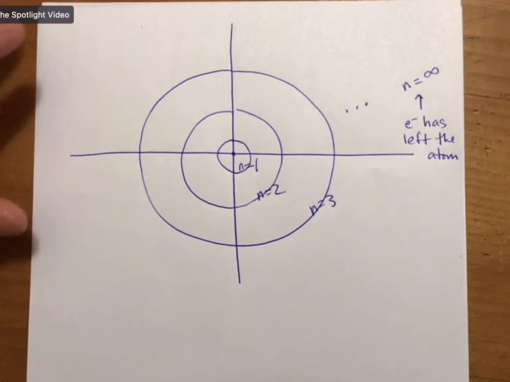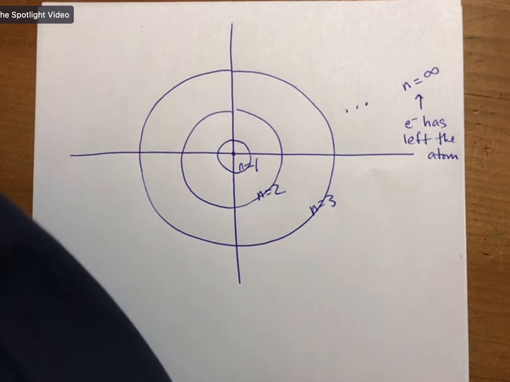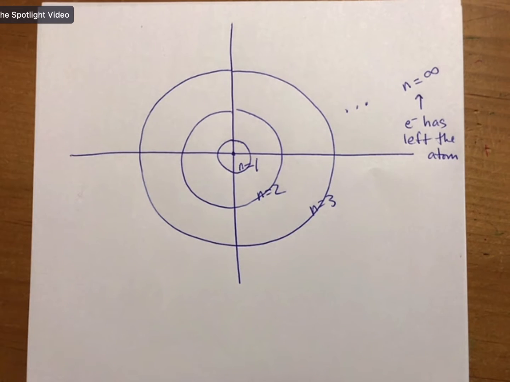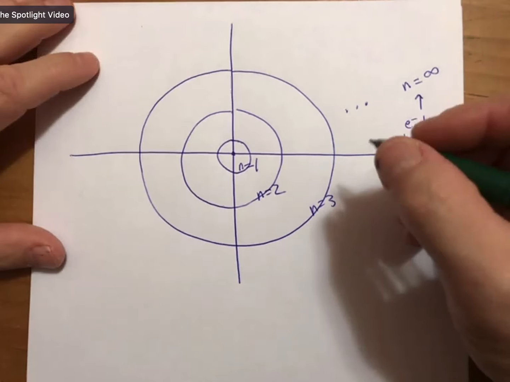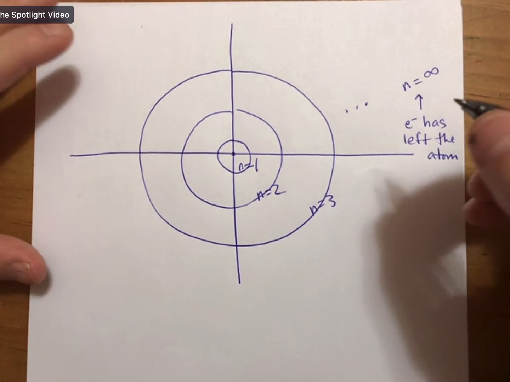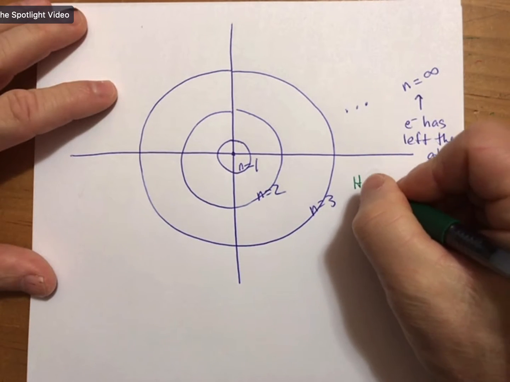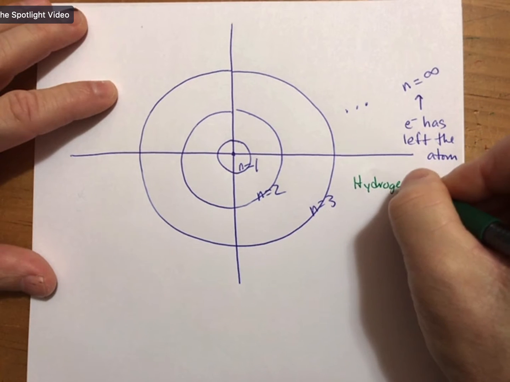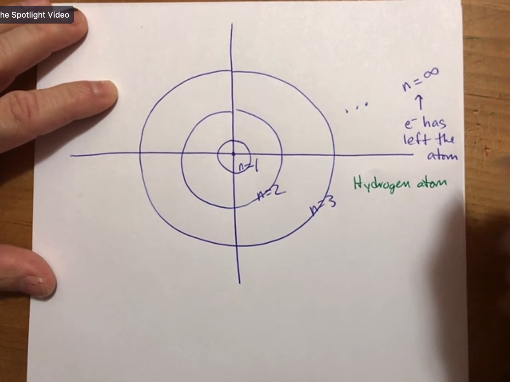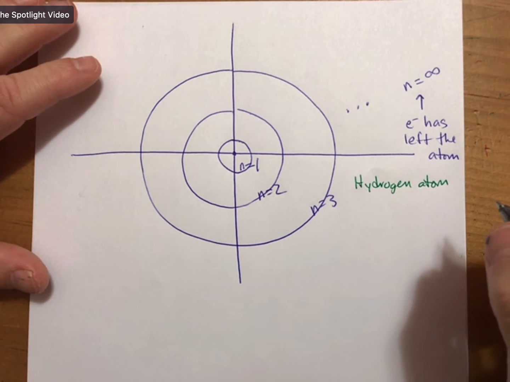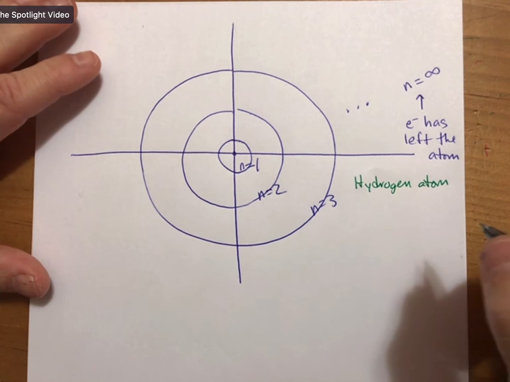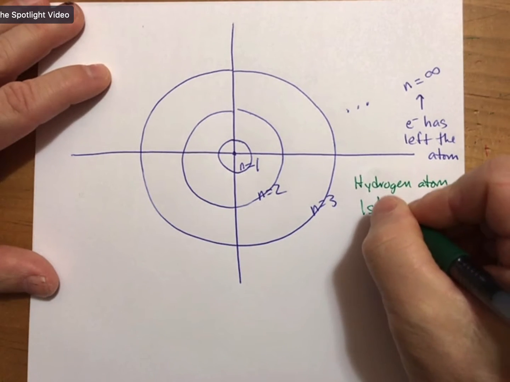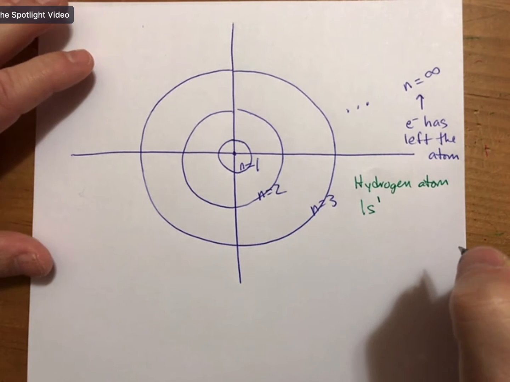Our picture of this is further enhanced by the fact that, let's say this is a hydrogen atom. For the hydrogen atom, we will be talking about electron configurations, and the hydrogen atom has an electron configuration of 1s1.